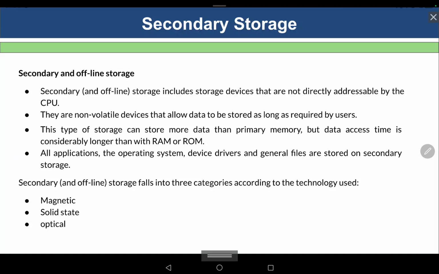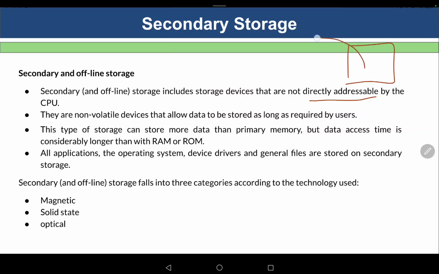Now let's look at secondary storage and offline storage. Secondary storage is non-volatile, meaning that when the computer is shut down, the data is still there. This storage is not directly addressable by the CPU, meaning that the computer cannot go straight to that storage to obtain data.